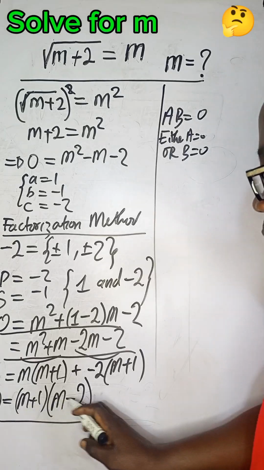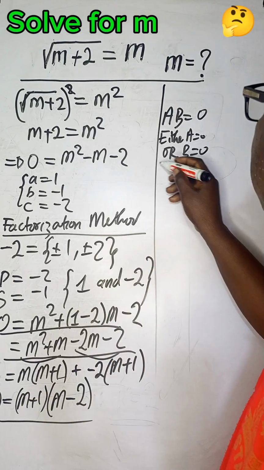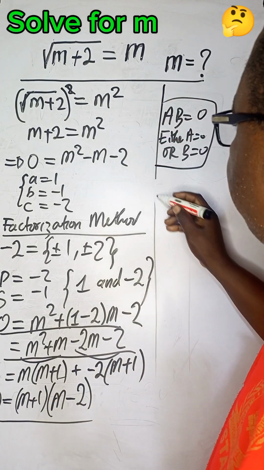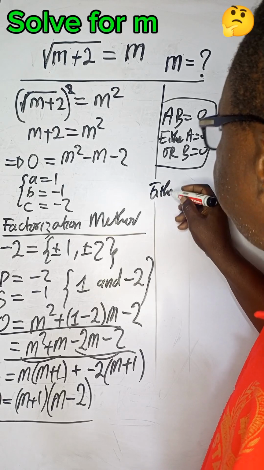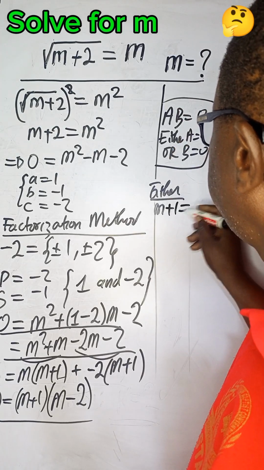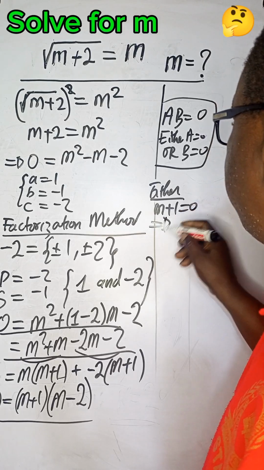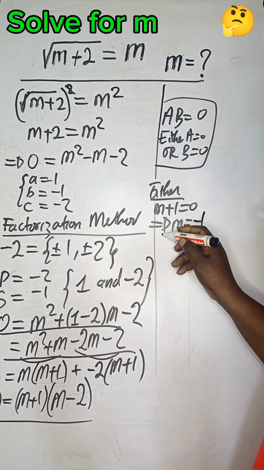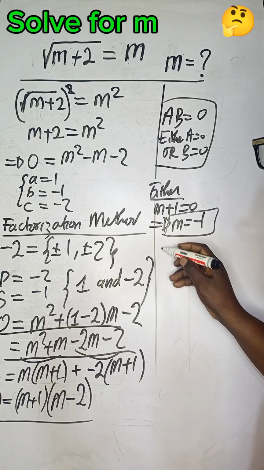So we'll use the same analysis. We'll say either the first one, which is m plus 1, is 0, in which case it means m is equal to negative 1. That gives us the first value.